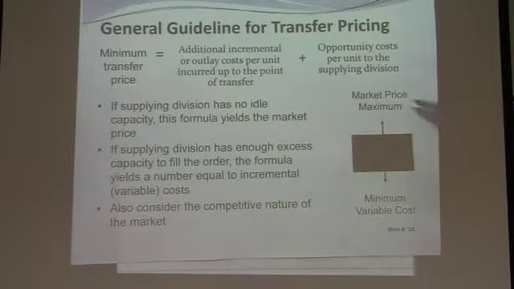So the maximum price is going to be 60 and the minimum is going to be 40. If they negotiate a price between 60 and 40, there is going to be an increase in profit for the overall company.